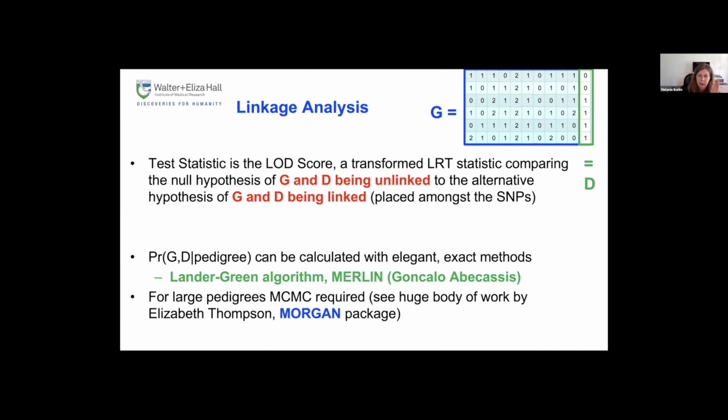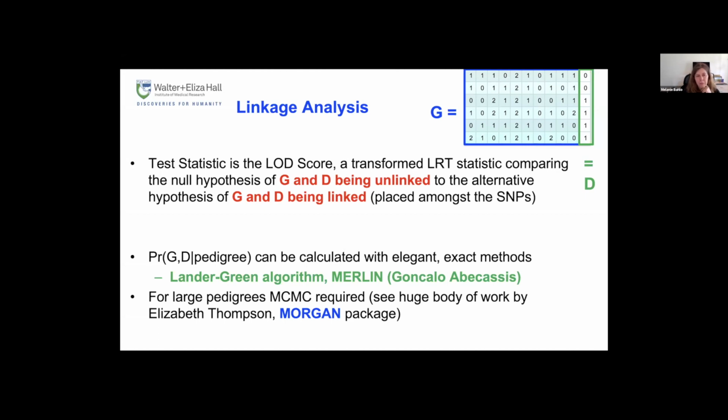And the way you do that is you calculate the likelihood ratio test statistic at various positions throughout the genome, where you insert the disease locus vector in amongst the columns of our genotyping matrix G and calculate our likelihood ratio test statistic at various positions.